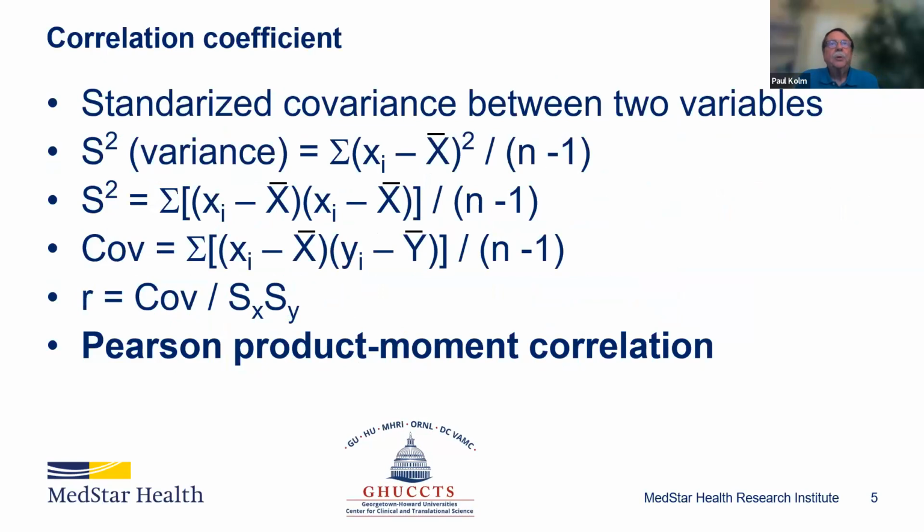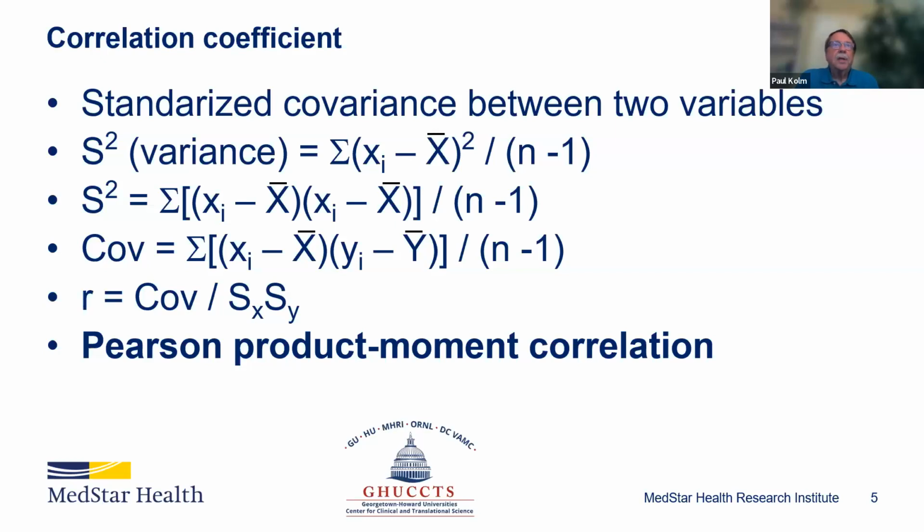And that's equal to the sum of the difference between each of the individual observed values and the mean of all the values divided by the sample size minus 1. And we can rewrite this as this observation minus the mean times the observation minus the mean.